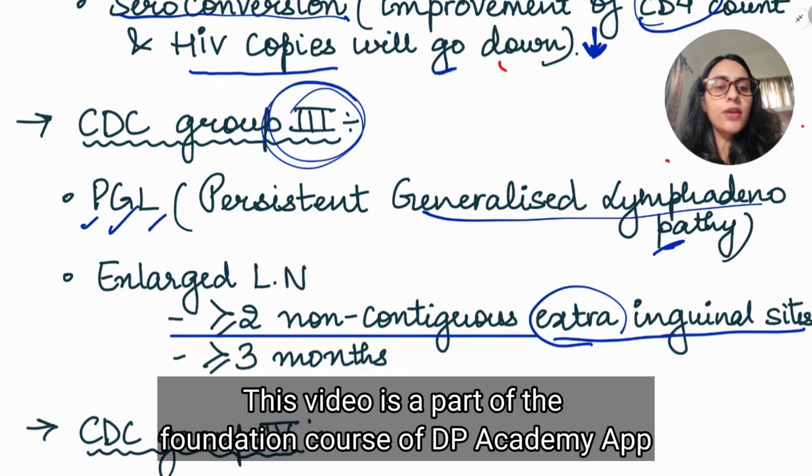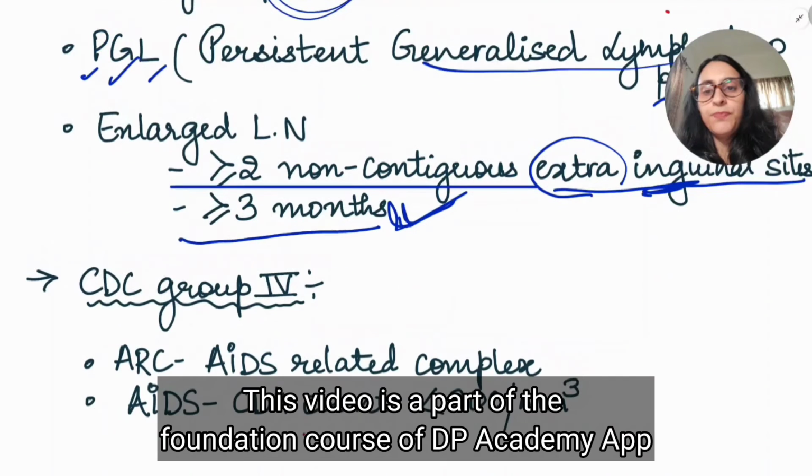That means apart from the inguinal sites, there are going to be 2 non-continuous, 2 different sites at different locations. There is going to be lymph node enlargement of two separate, not continuous sites, or this lymph node enlargement is seen for more than 3 months.